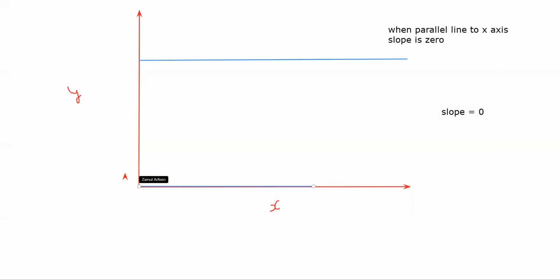Both lines have a slope 0 because both of the lines are parallel to x-axis. So whenever there is a horizontal line, the slope is equals to 0 or the gradient is equals to 0.